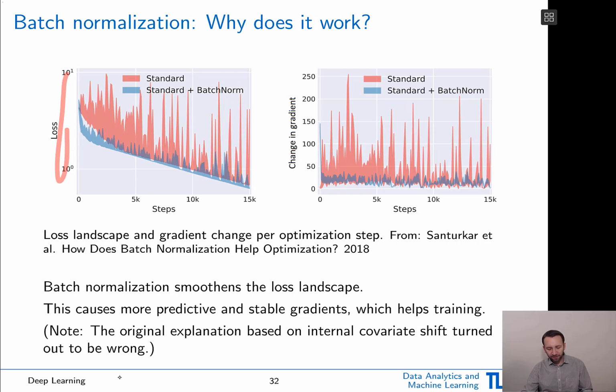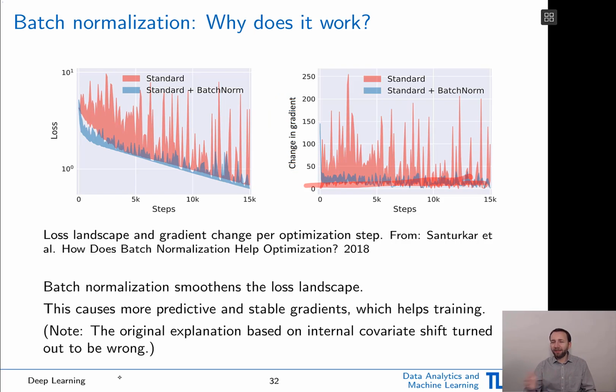So here you see the loss. Here you see the change in the gradient. So what is the fluctuation in the gradient based on some norm? Let's say you measure the distance, the norm between the last and the current gradient. Then you can monitor the change in the gradient with standard training and the change in the gradient with batch normalization. And you see that it is more smooth. This is not the gradient, but the change in the gradient. The change is more smooth.